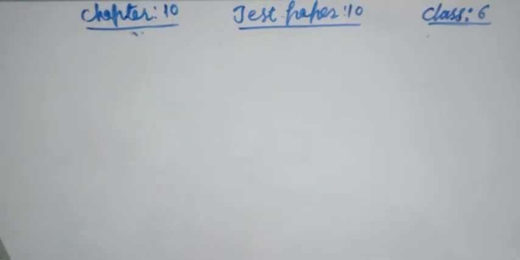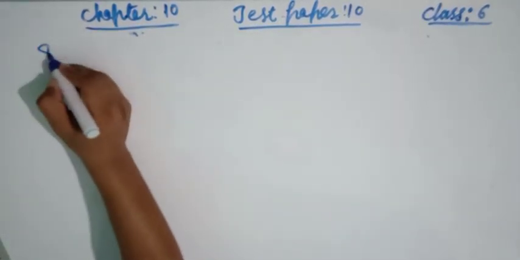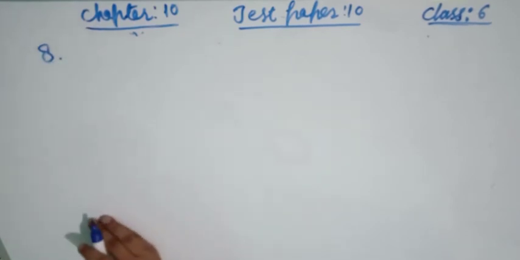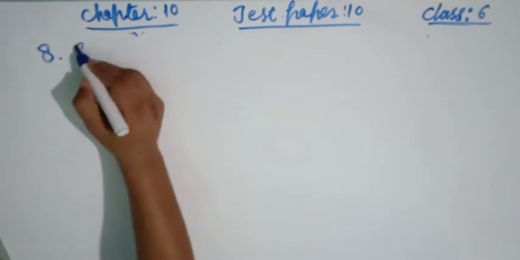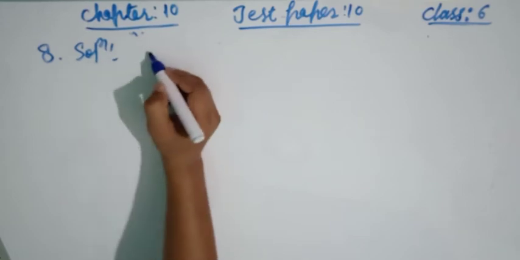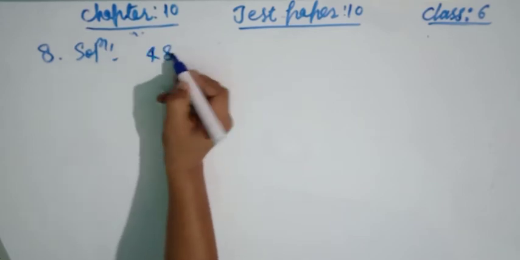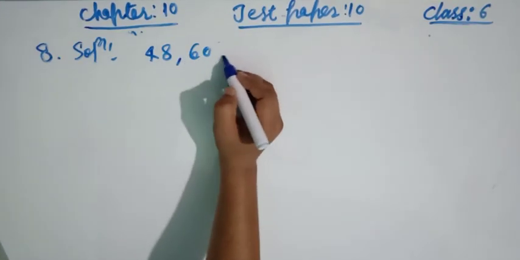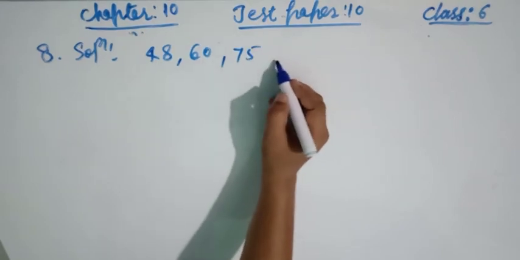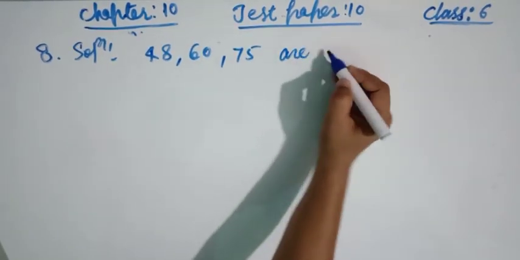Now, friends, question number 8 says show that 48, 60, 75 are in continued proportion.